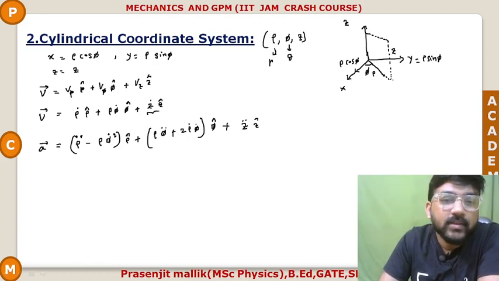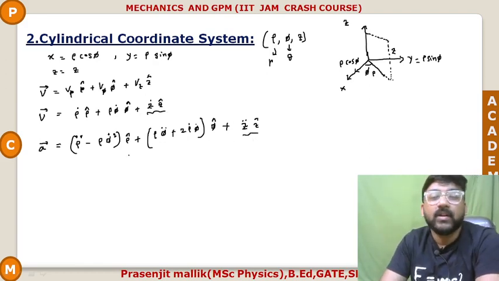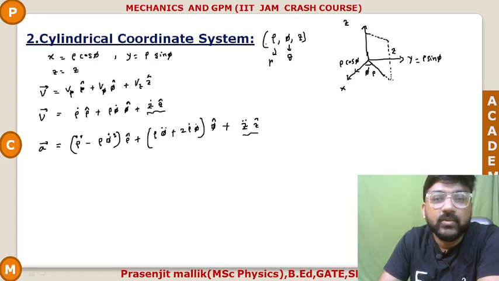So you have to just add this component, otherwise the expression is the same. You have to just replace rho by r and phi with theta. Then you can easily write down the velocity and acceleration in the cylindrical coordinate system comparing with the plane polar coordinate system.